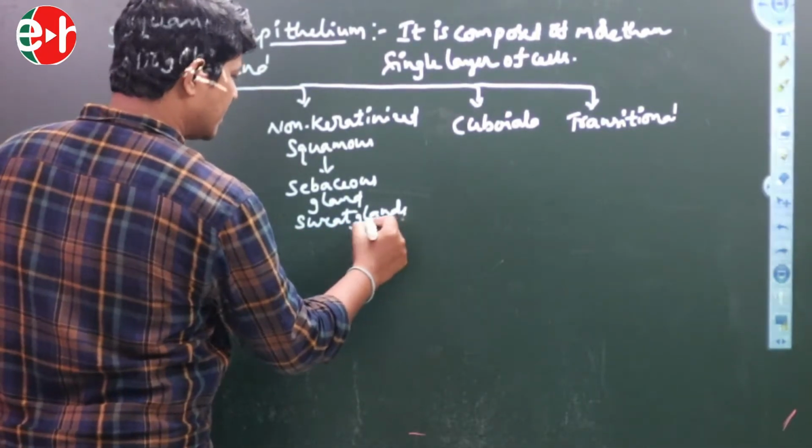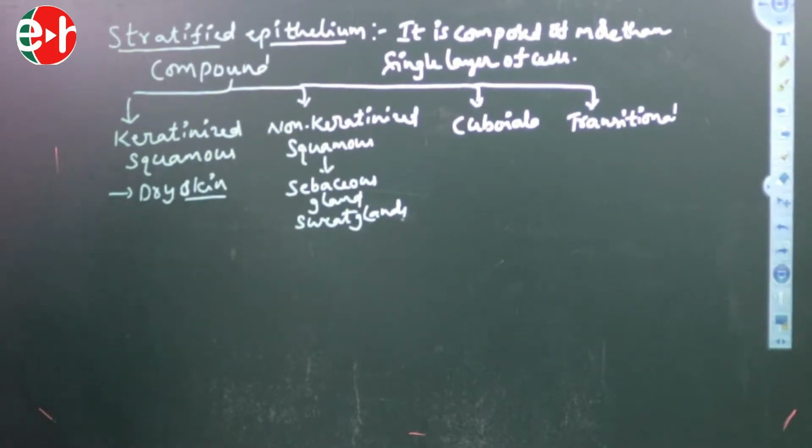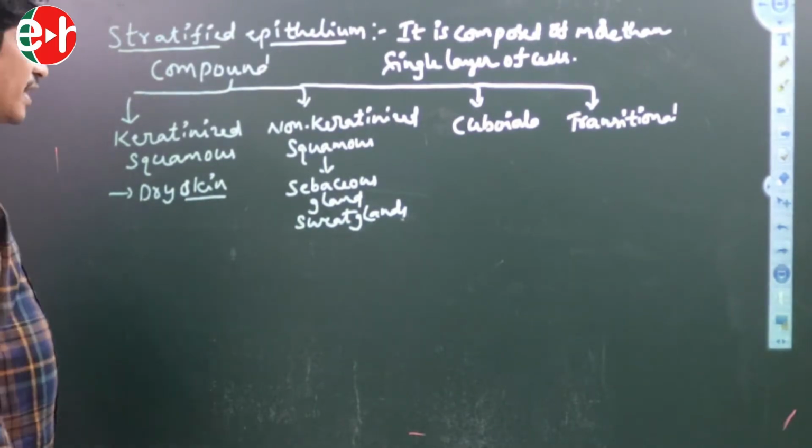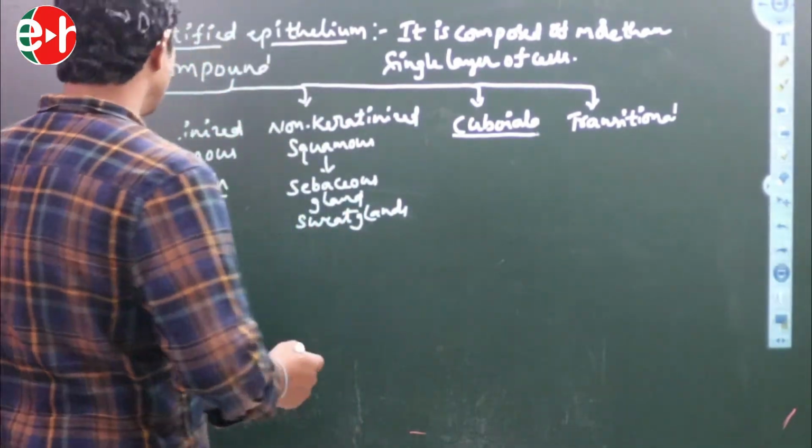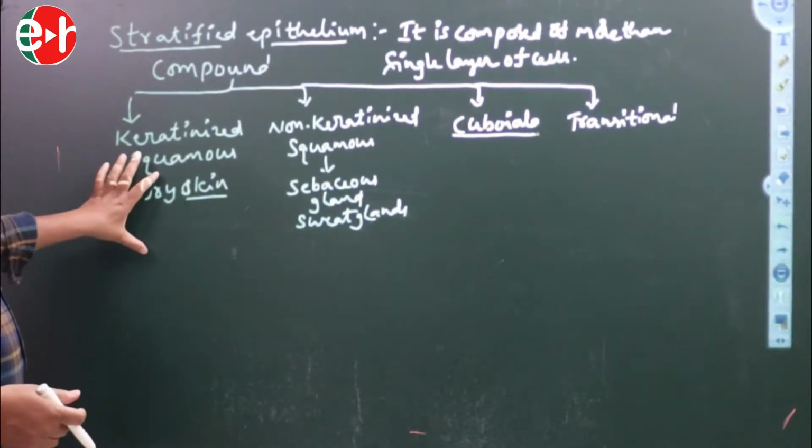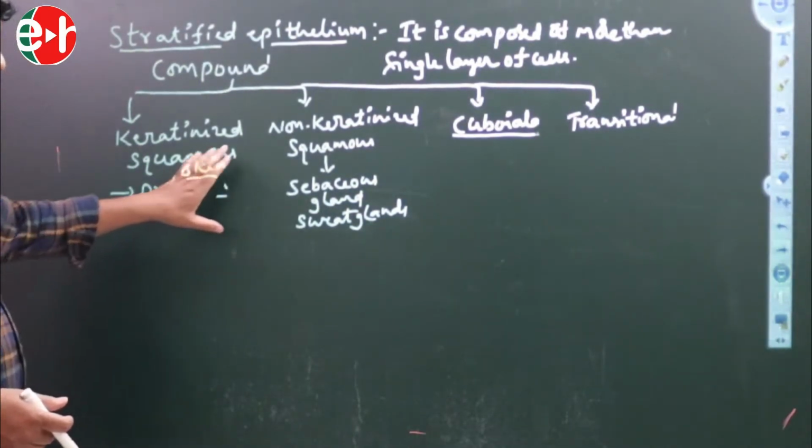Sebaceous glands and sweat glands are locations of non-keratinized squamous epithelium. This keratinized squamous epithelium is found in dry skin.